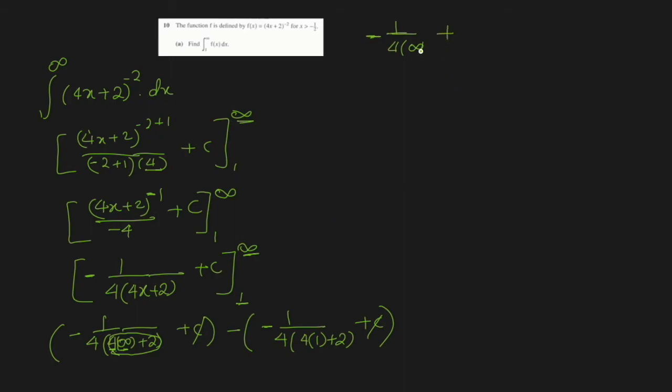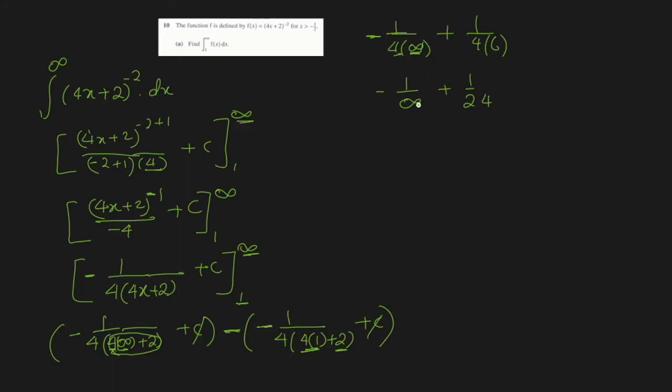Plus, this minus and this minus, it will be 1 over, that will be simpler calculation, 4 times 1 is 4 plus 2 is 6, and 6 times 4 is 24. Okay, let's write 6 first. Now 4 times infinity is again infinity, even bigger. That means a very, very high number. 1 over infinity you can write, plus 1 over 24.